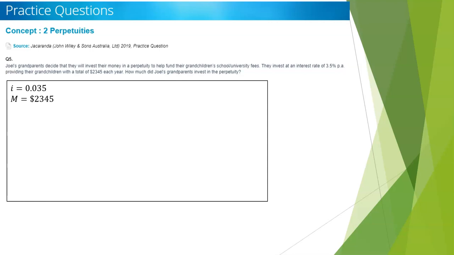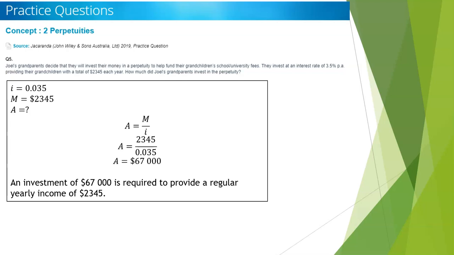Our payment amount is $2,345, and we have to work out A. So A equals M divided by I. $2,345 divided by 0.035 comes to $67,000. So Joel's grandparents invest $67,000 to provide a regular yearly income of $2,345.